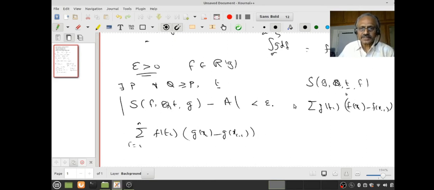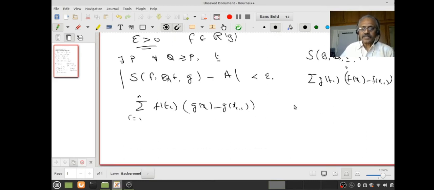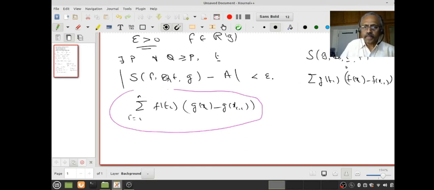You understand this? That means from this Riemann sum, I somehow have to go to this Riemann sum. How do I go? Is the question clear? This is where a little bit of thinking will help us.